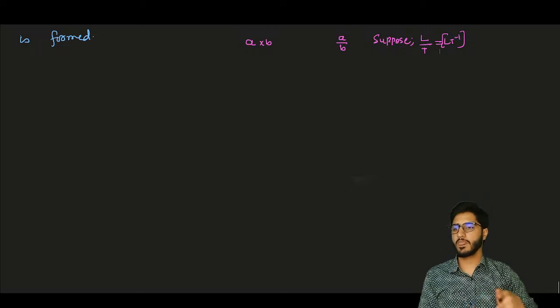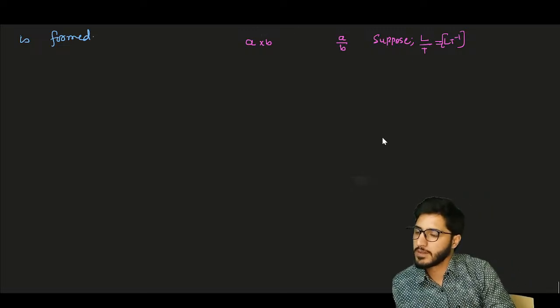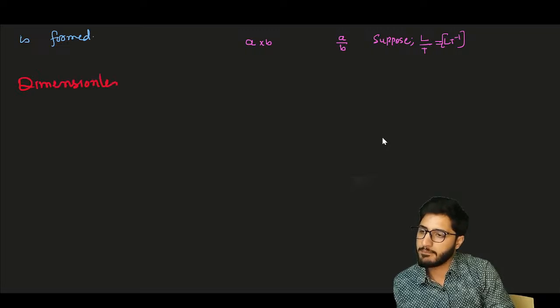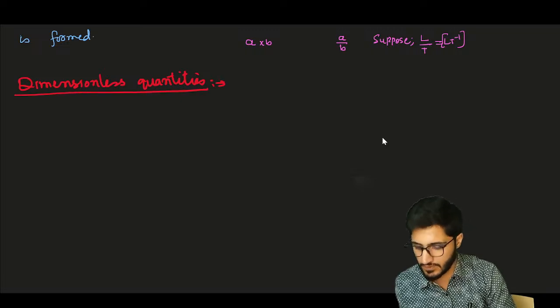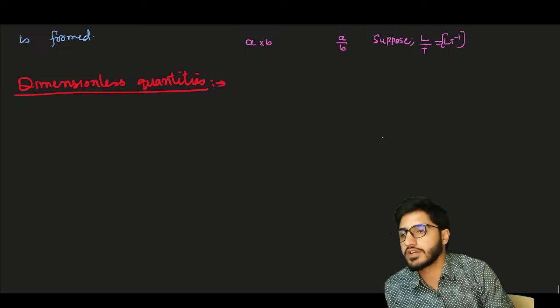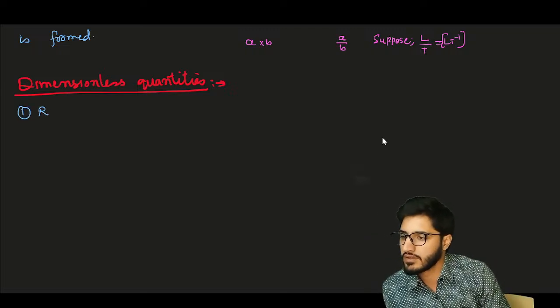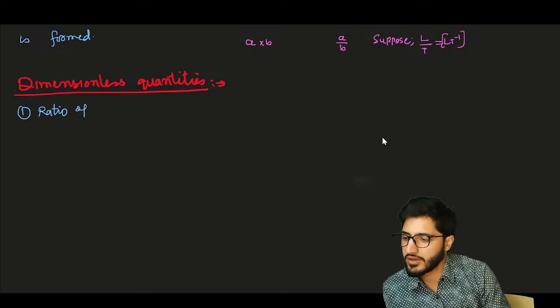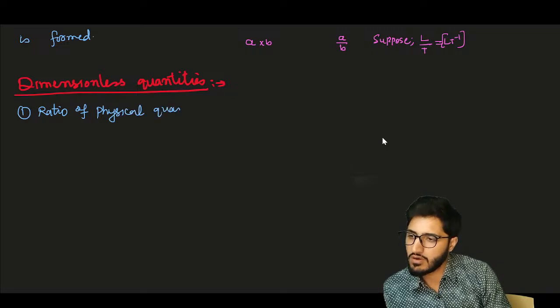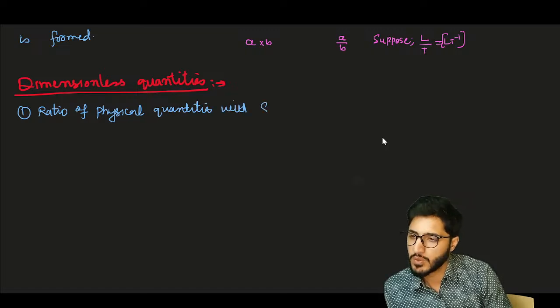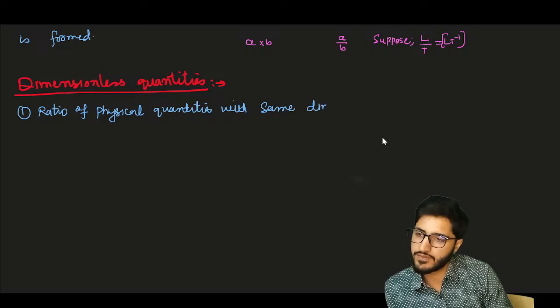Now we are having dimensionless quantities. Firstly, a ratio of physical quantities with the same dimensions.